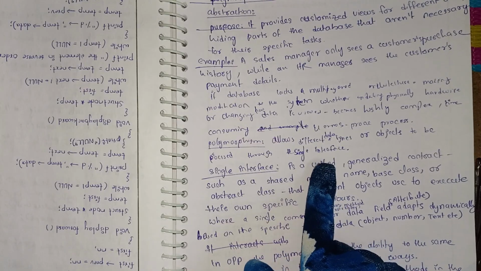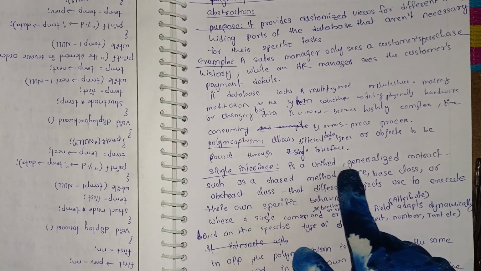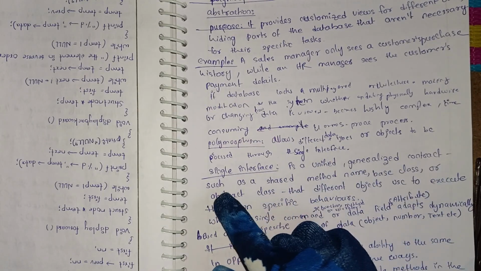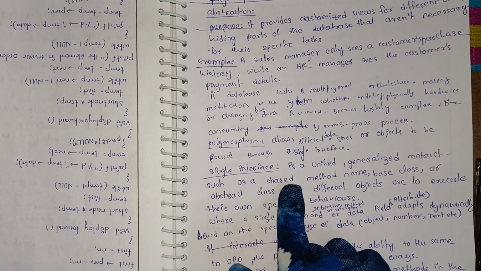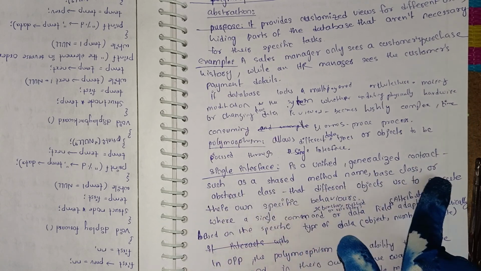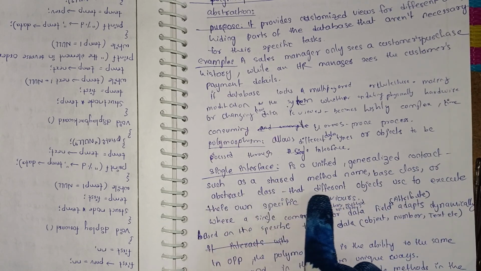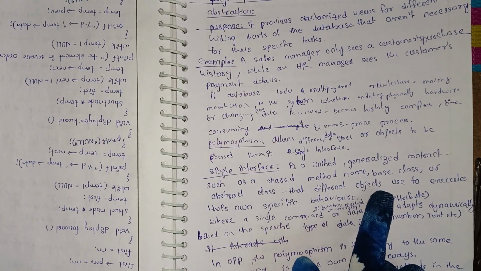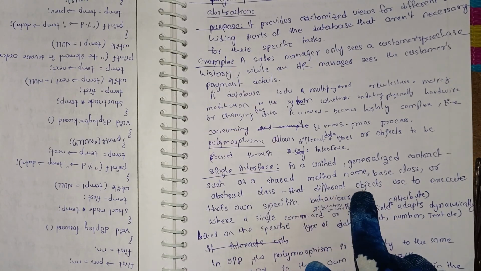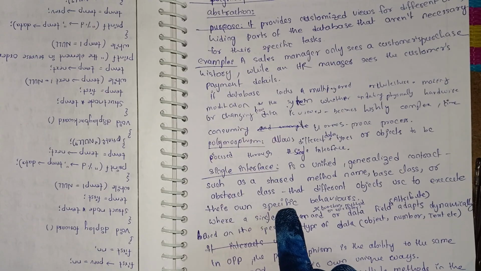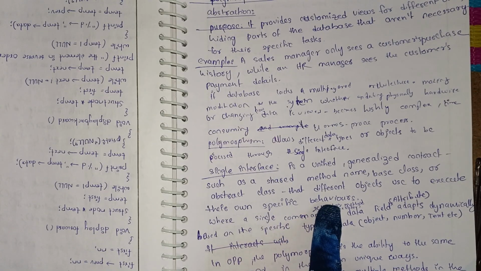What is a single interface? It is a unified, generalized contract such as a shared method name, base class, or abstract class. The different objects are used to execute their own specific behaviors.